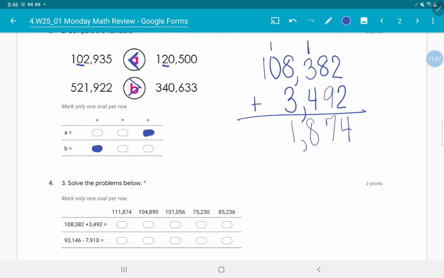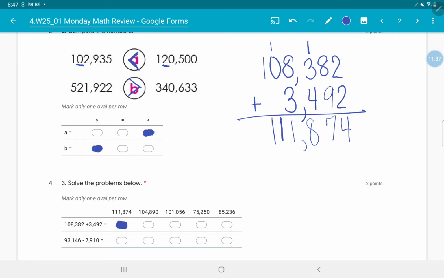Okay. The 11, so there's nothing to add. So that's 1. Then what? Add that 1 again. And then I've got 1 plus nothing again is 1. So 108,382 plus 3,492 is 111,874.